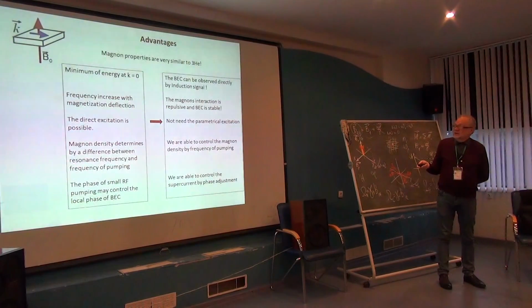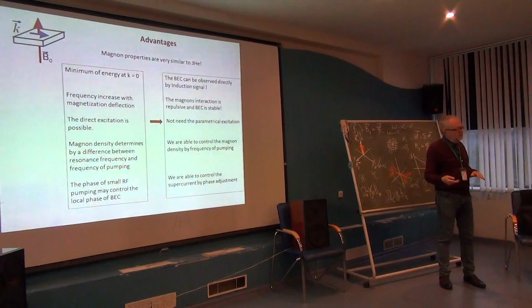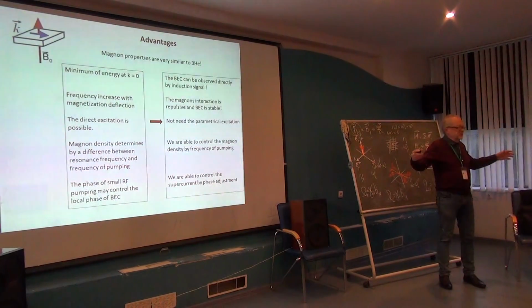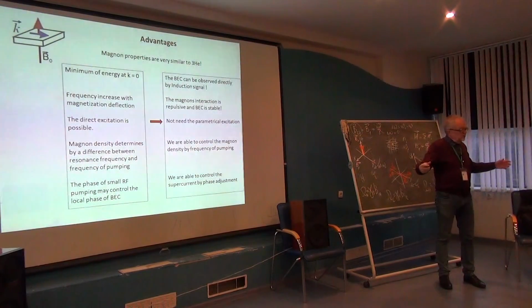Secondly, if you change the magnetic field, you change the angle of deflection, and you change the signal. It means that if you have, for example, a magnetic transformer, then the signal coming through this film depends on the magnetic field, and simply by the magnetic field you can change the amplitude of the signal.